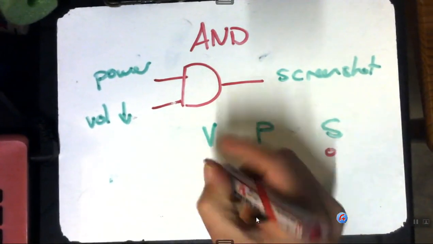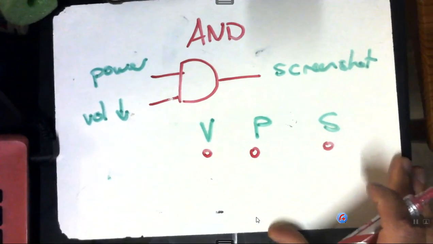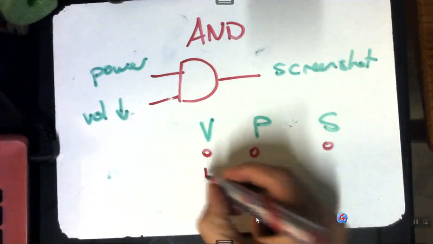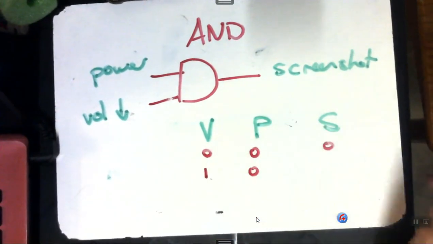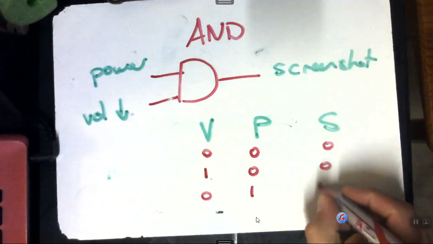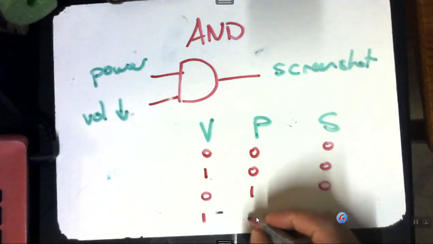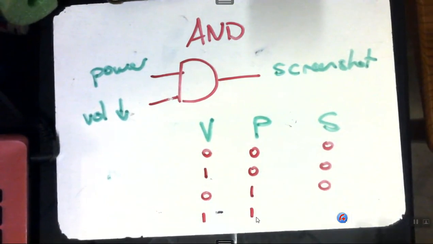Well, let's start by pressing nothing. If I don't press any of them, I'm not going to get a screenshot. When I press the volume but not the power button, I'm not going to get a screenshot. When I press the power button but not the volume button, I'm not going to get a screenshot. But the moment I press both, that is the only time I'll have a screenshot.